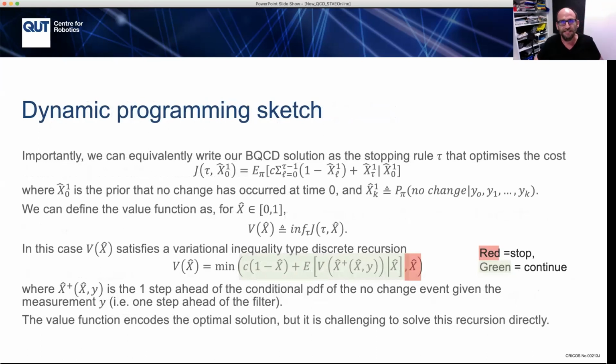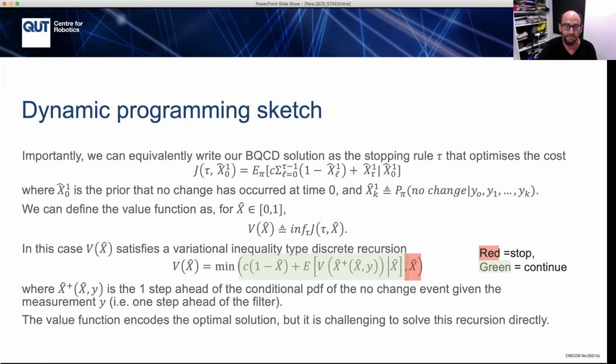Okay, so there's a bit of maths on this slide, and if you don't like your dynamic programming stuff, that's okay. You can probably still get some value out of the rest of the talk if you don't get what's on this slide. But if you write down a cost function here in terms of different priors that you could have, and for different choices of the stop time, then x hat here is the probability of no change event given the measurements.